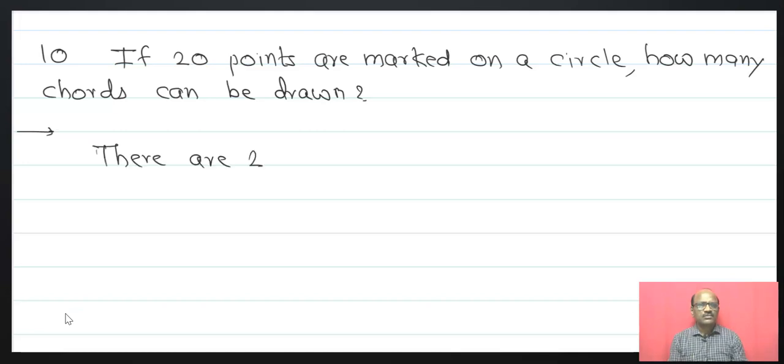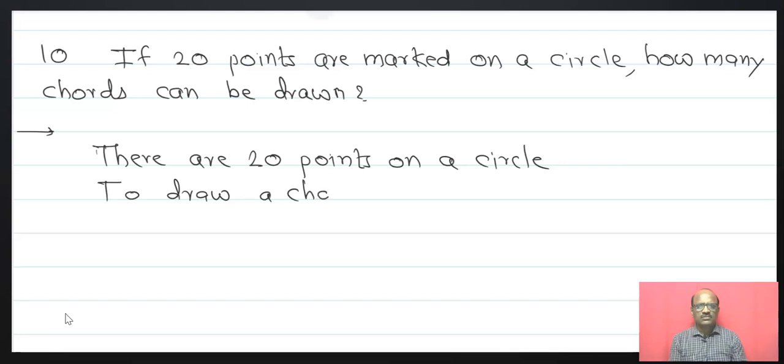Now a chord is the line that joins any 2 points on the circle. There are 20 points on a circle. To draw a chord, 2 points are required.